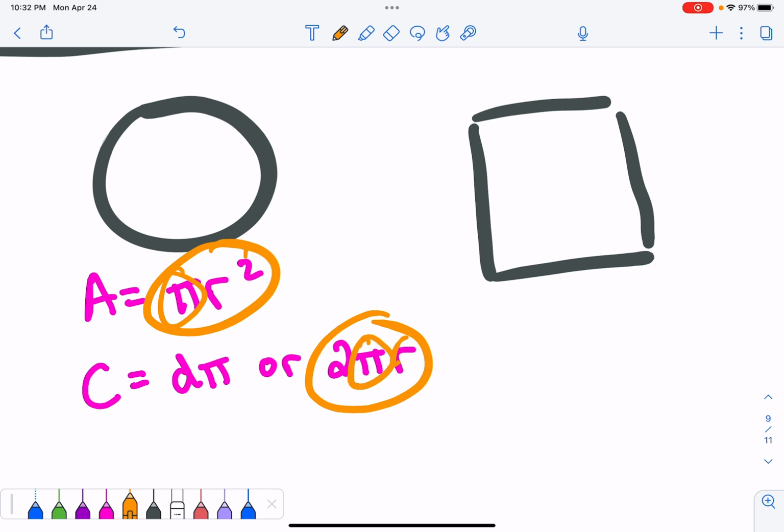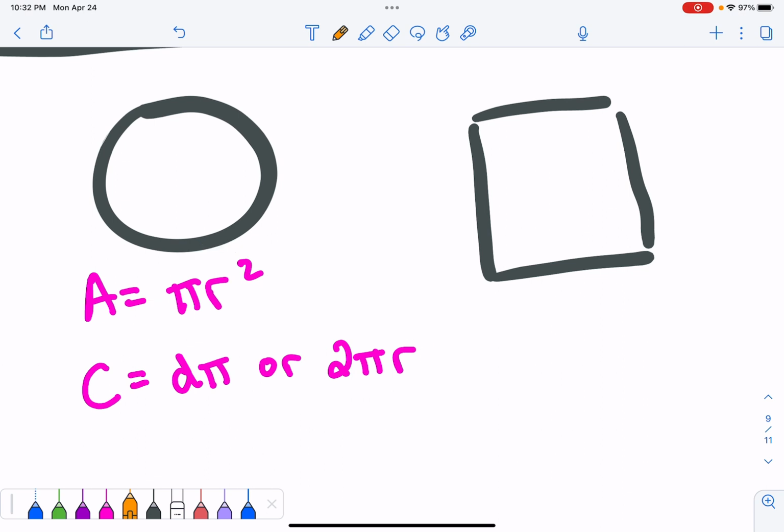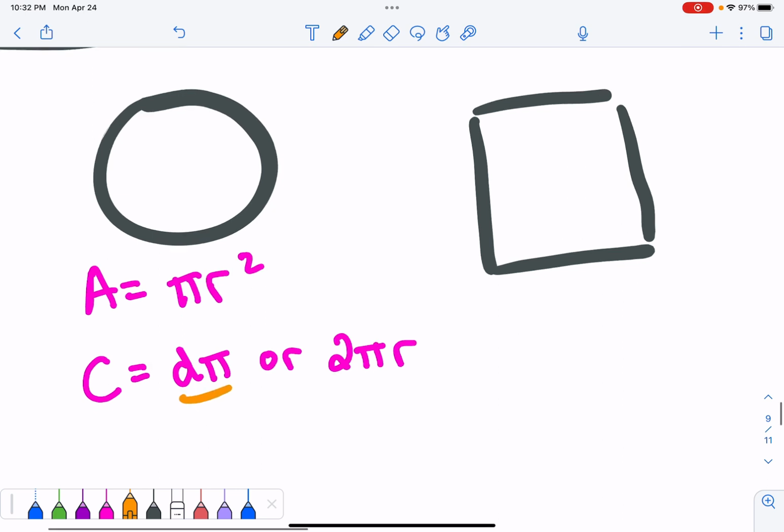So which one goes to which one? Area is always units squared, so whatever formula is squared is going to be your area formula. The other one is circumference. So squared goes with area, circumference is the other one. You can use diameter times pi if you want to, but 2 pi r will work as well.